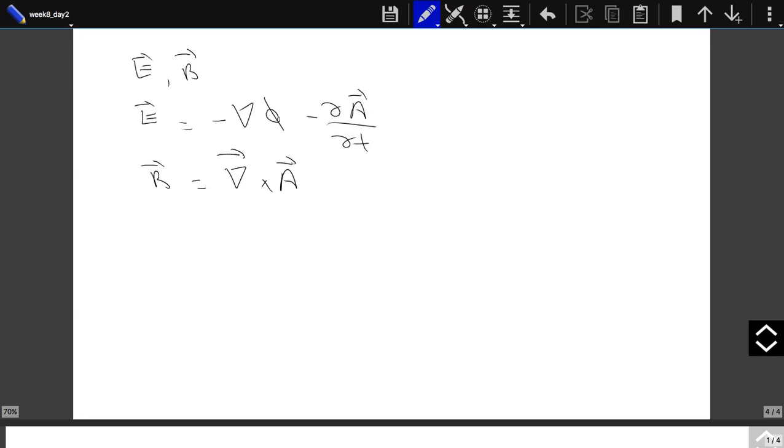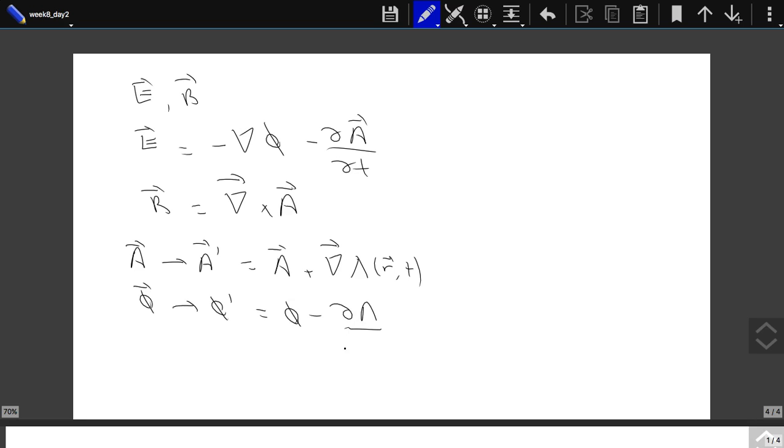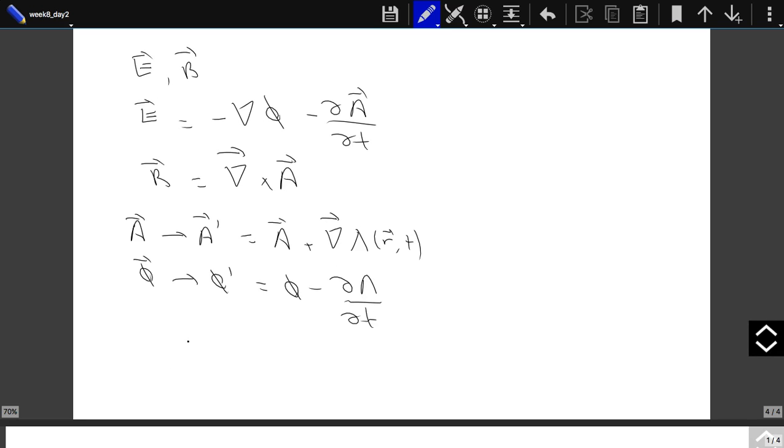Now these potentials have an interesting property. If you just change A to A prime, which is A plus the gradient of some function lambda, which can depend on the position or even time, and if you change phi to phi prime, which is phi minus del lambda over del t, then the electric field does not change.